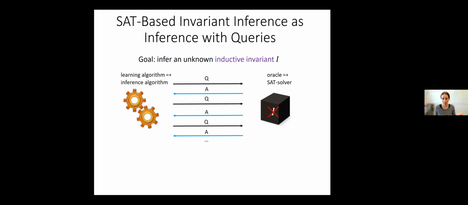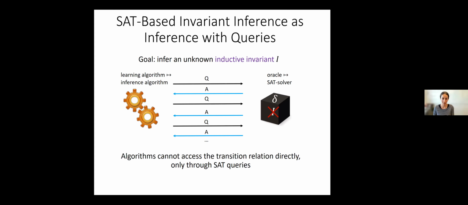In order to capture the fact that we are thinking about SAT-based algorithms, because we cannot assume that the SAT solver knows the invariant, we look at inference algorithms that don't know the transition relation. They cannot access the transition relation. The only way to access the transition relation is by asking the SAT solver. So this is the model that we consider.